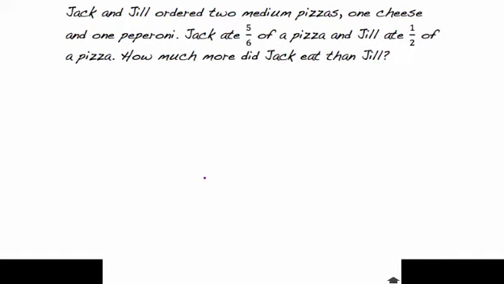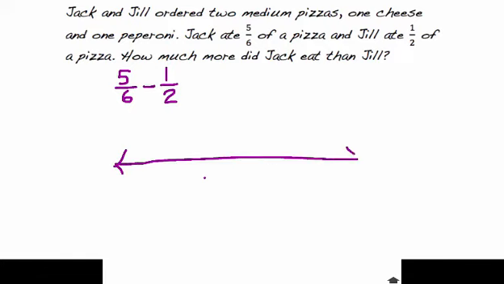Today I'm going to use a number line to solve 5/6 subtract 1/2. So remember, when we were adding, we have our number line, and I remember that 5/6 is close to 1 whole unit. So we'll start at 0, and I know that my fraction of 5/6 should be really close to that 1 whole.